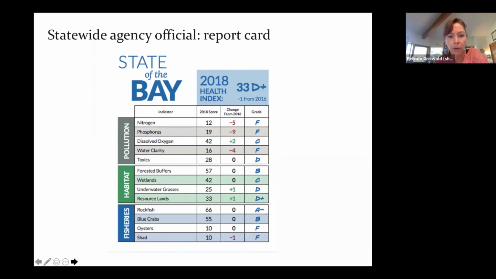The great thing about report cards is they distill technical data into something that every 8th grader gets, right? What was the grade? And this is a nice example because we have these three categories: fisheries, habitat, and pollution. And then visually what's highlighted is the fact that we're at a D+, which is clearly not good.